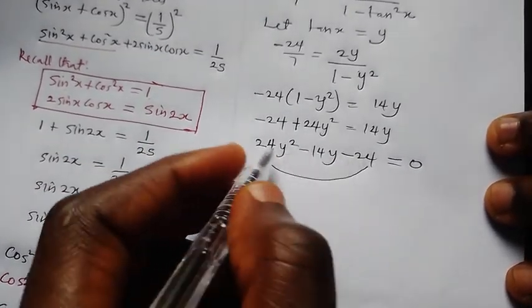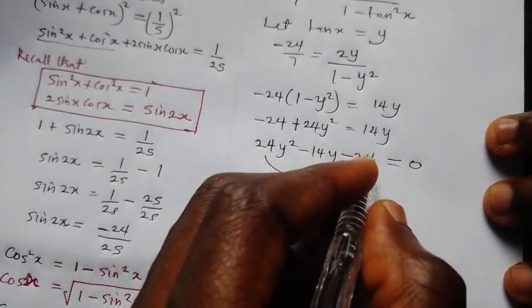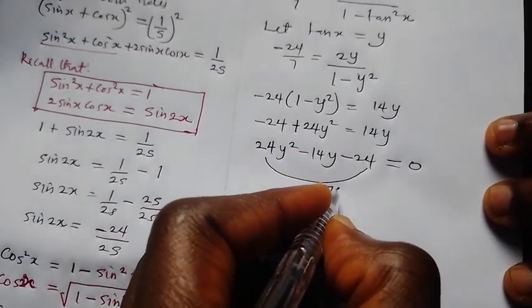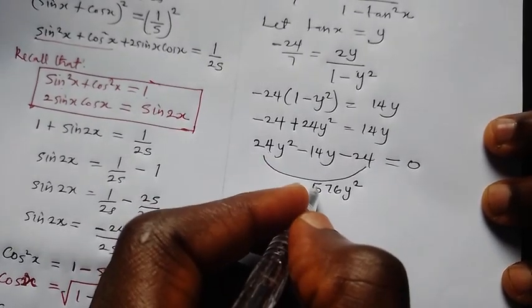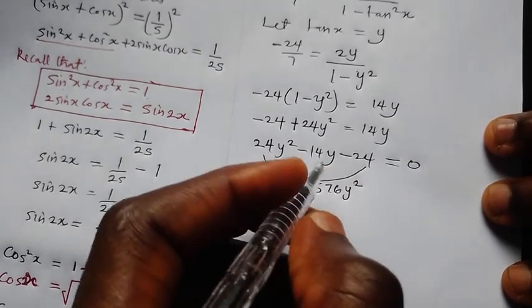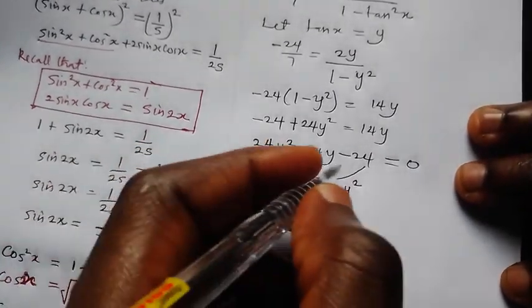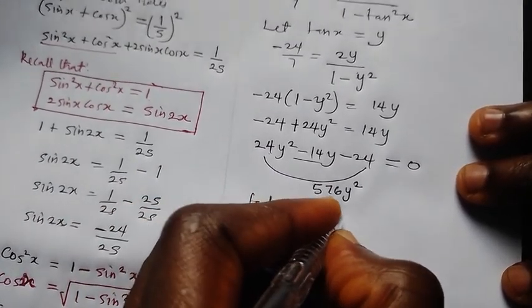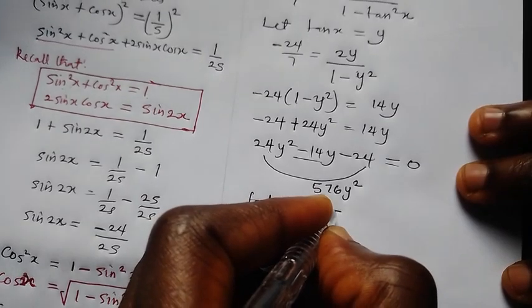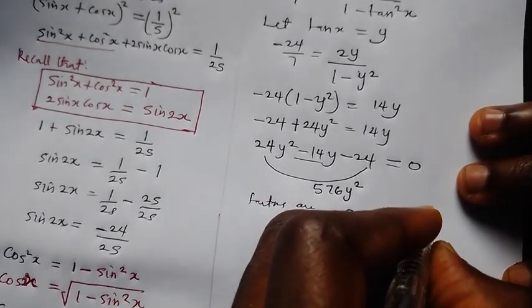So observe that we will need to find factors that multiply to give 24 times 24, which is 576 y squared, and add up to give negative 14. If you solve that, you see that the factors are going to be negative 32 and positive 18.